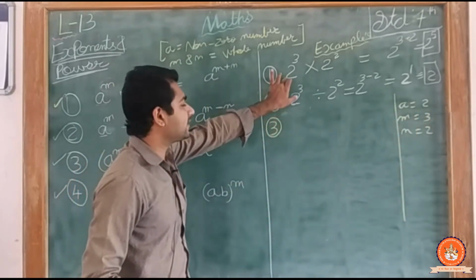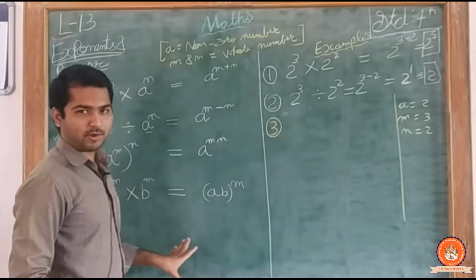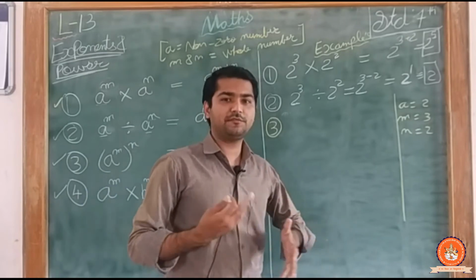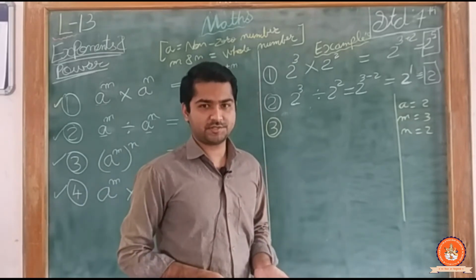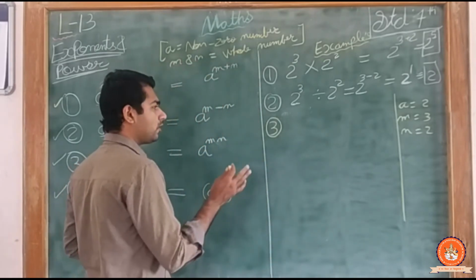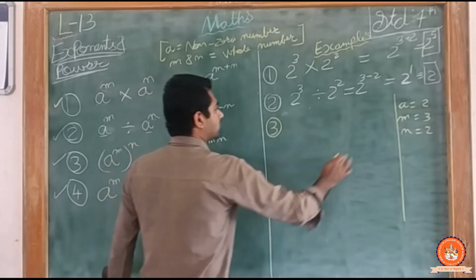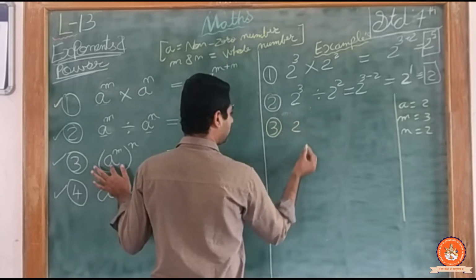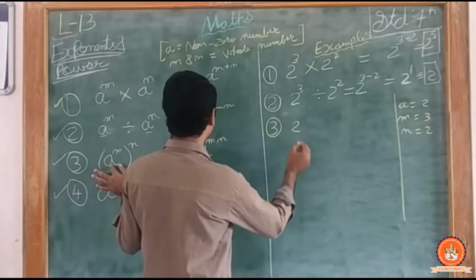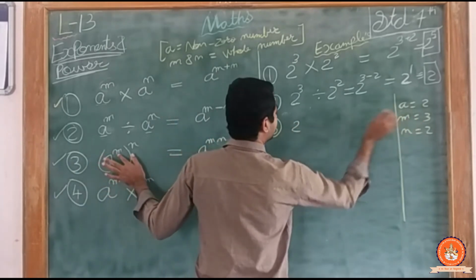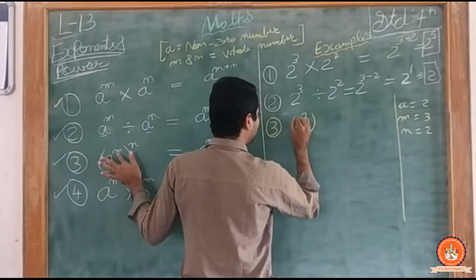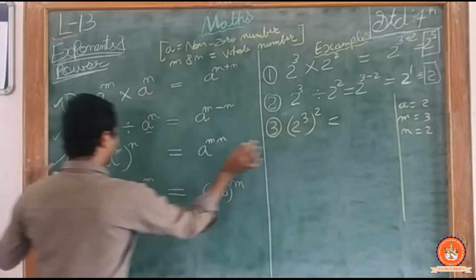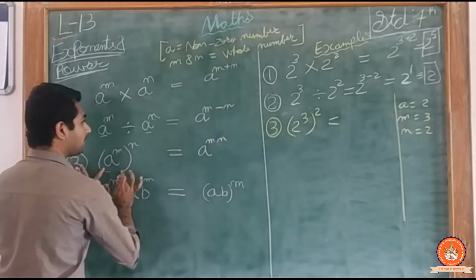I am taking this example for every question, okay? But in the exercise there will be different numbers for different questions. For your explanation I am taking this. So a is our 2, now m is my 3. I will write here 3 in brackets raised to n, that means 2. This is our formula. See, both become the same.